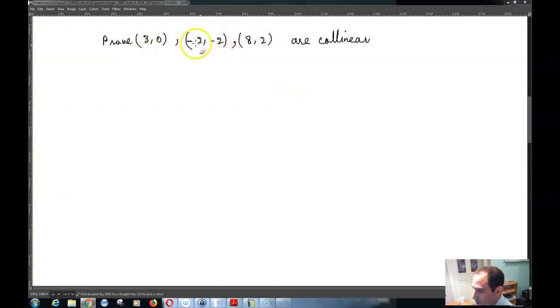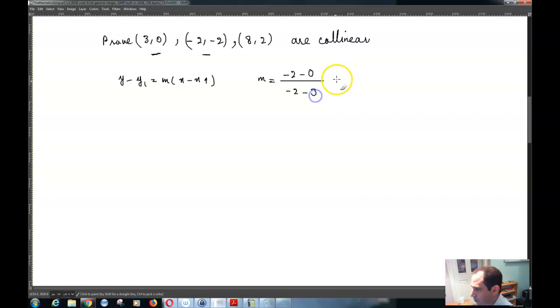For example, you can use these 2 points and write y minus y1 is equal to m times x minus x1, and then the slope of these 2 points would be -2 minus 0 over -2 minus 3, which is equal to -2 over -5, which is equal to 2/5.